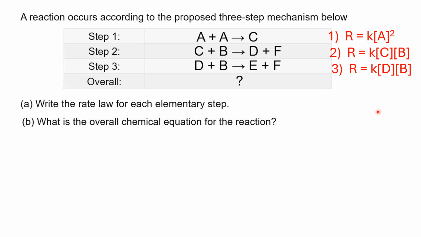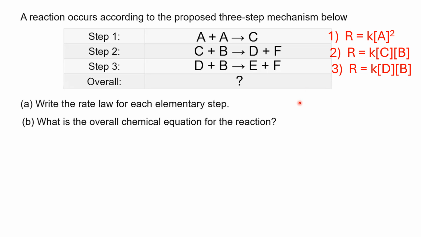The next step says, what is the overall chemical equation for the reaction? And so to get the overall equation, what we have to look at is what's on both sides of each arrow. And so the overall equation, after we put these 3 steps together, is just going to be an expression of what's actually changing. And so if we look, for example, at the fact that there are some things that are produced but then later consumed, we call those intermediates.